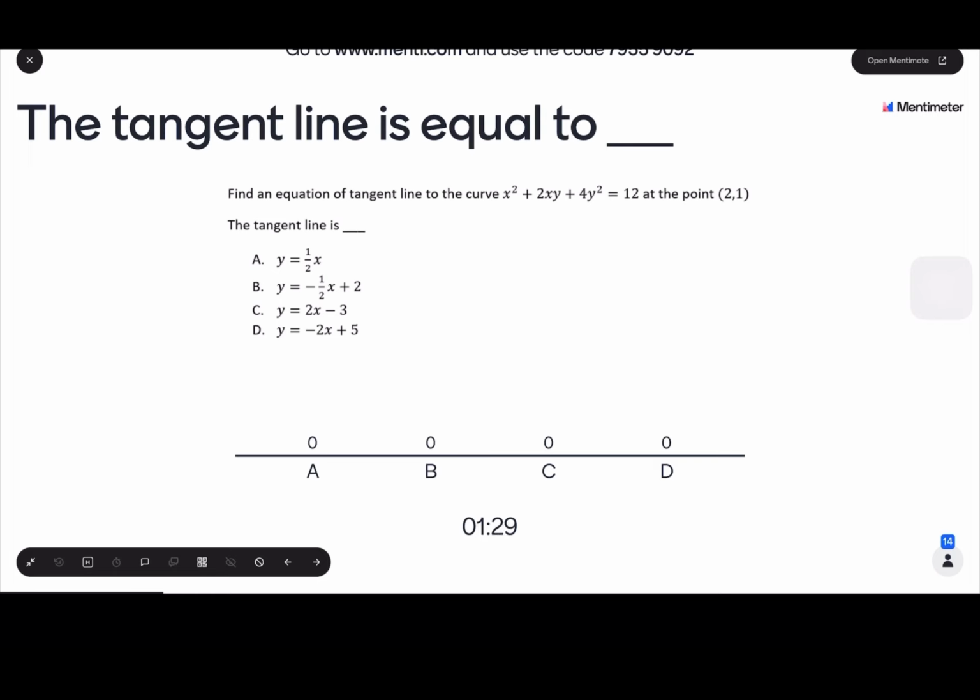Around 1 minute left. Because you already have options, one way to think is to find the slope and you will get the answer back.